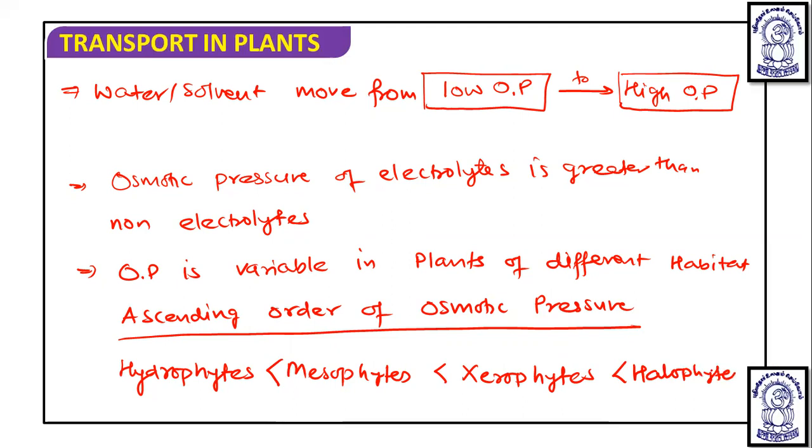So the highest osmotic pressure is seen in halophytes, that is salty area plants, like mangroves.